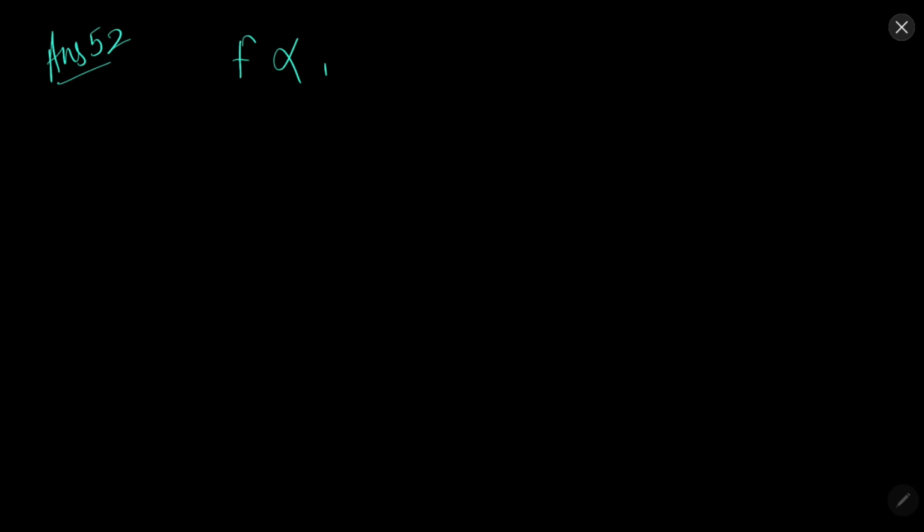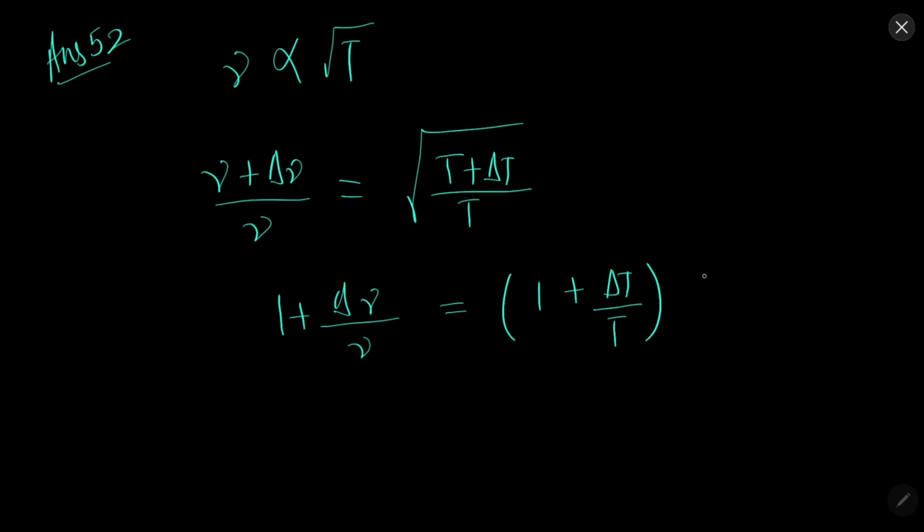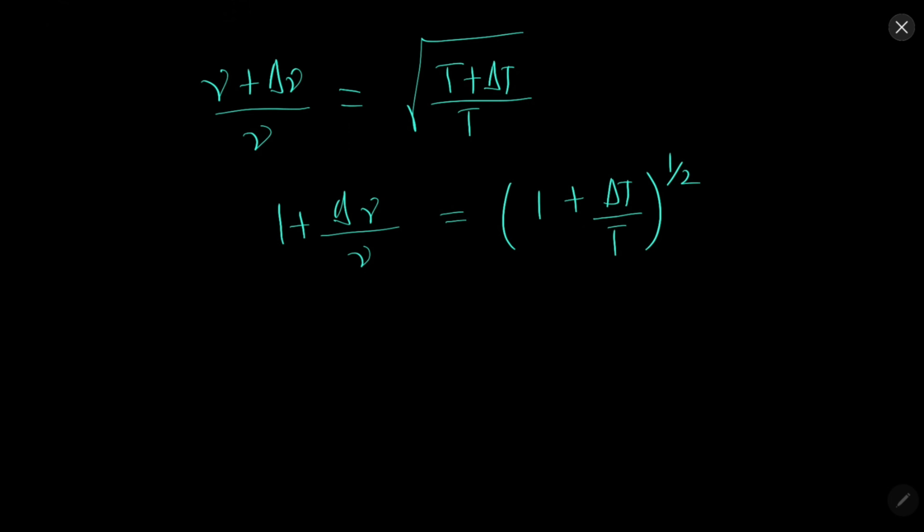We know frequency is proportional to square root of the temperature, so nu plus del nu over nu equal to root of T plus del T over T. So after a bit of simplification, 1 plus del T over T to the power 1 by 2.